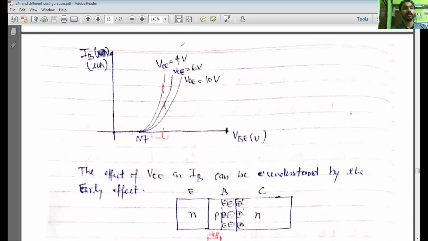Now if you go from the 4 volt to 6 volt, your base current is reducing, and that's what we discussed. So if you increase the reverse bias voltage, then due to the early effect, the penetration in the base region will be more, so effective base width will be less, and hence the recombination will be less, and hence the base current will be less, and that's why the curve is shifting this side.